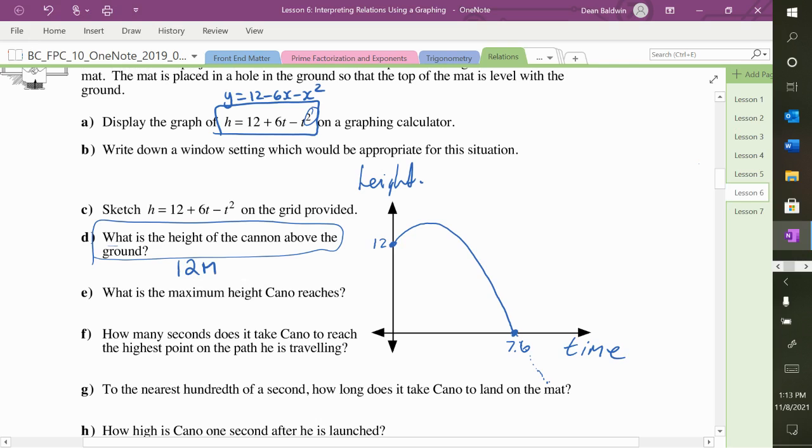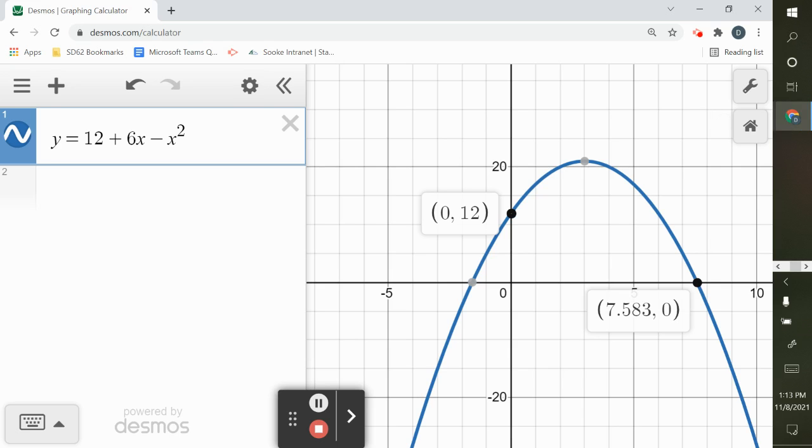Okay. What's the maximum height? What part of the graph represents the maximum height? This highest part here. To get that, if you go to your graph and click on it, it will tell you 3, 21. What does the 3 represent? It represents the x because they're written as x and y.